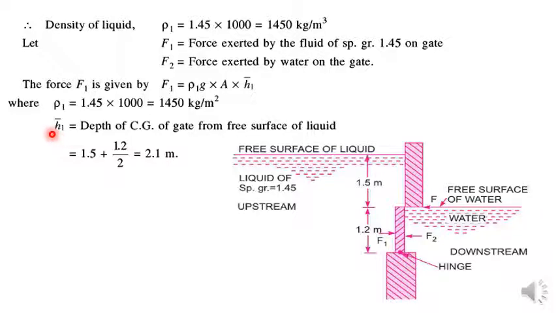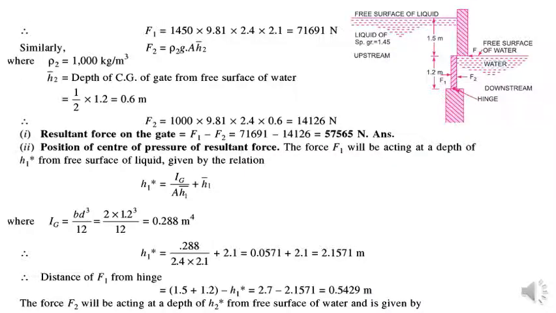So in this way h1 is known to you, and this is the formula to calculate the force on the upstream side of the gate, and area is already calculated. g is 9.8 and rho 1 is already calculated. Now you can just input the values in the formula and you can get the answer, that is 71691 newtons. That is the force exerted on the sluice gate from the upstream side.